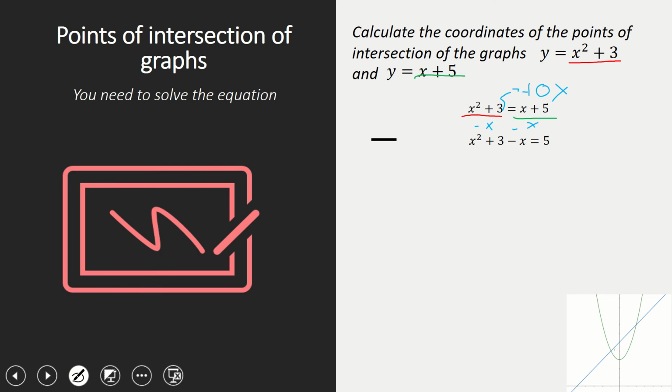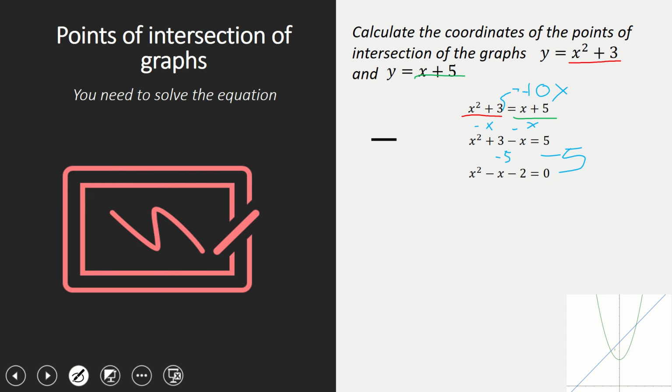So if I do plus 0x minus x, then it becomes minus x. So we will have x squared plus 3 minus x equals 5. I am going to do the same with the 5. So minus 5, minus 5. 3 minus 5 equals minus 2. So my equation will be x squared minus x minus 2 equals 0.